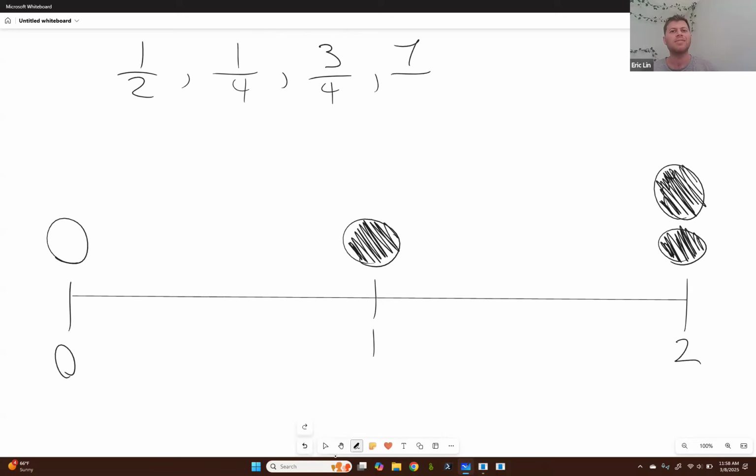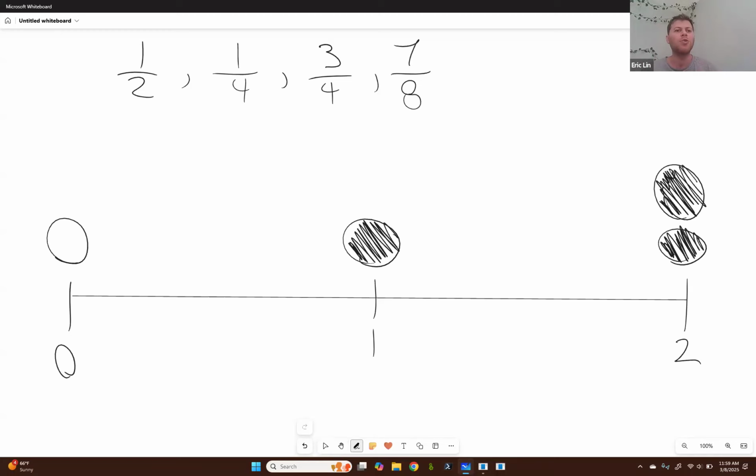And I would like all of these to be put somewhere on the number line that is appropriate. I want them to be sort of in order, so we should get the idea that things that are smaller, meaning less shaded, are to the left of things that are bigger or more shaded. So this would be a great place to pause if you want to make the number line yourself.